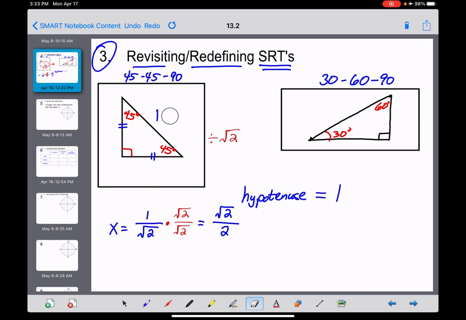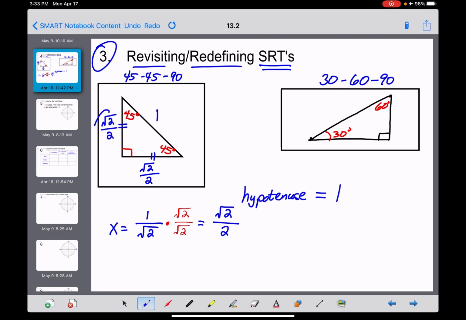I'm going to get rid of this because it's just going to make this a little messier now. This missing leg here is the square root of 2 divided by 2. And then, of course, whatever you got for one leg in a 45, 45, 90 triangle, you get the exact same thing for the other leg.